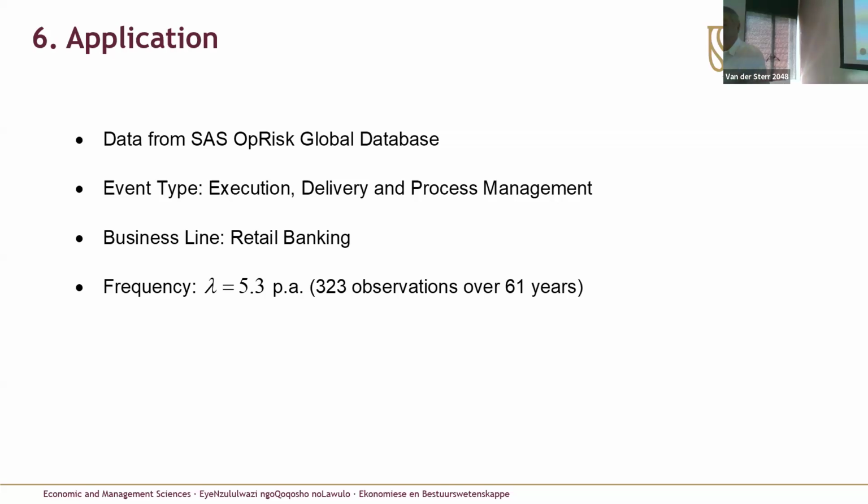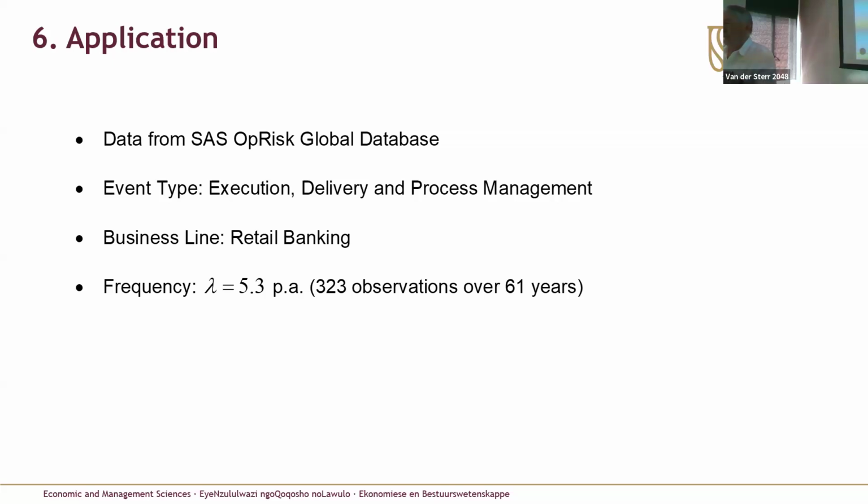So we used data from that, and in this operational risk, you have different business lines, and within a business line, you have event types, and so on. There are more or less 8 business lines. One of them is retail banking.